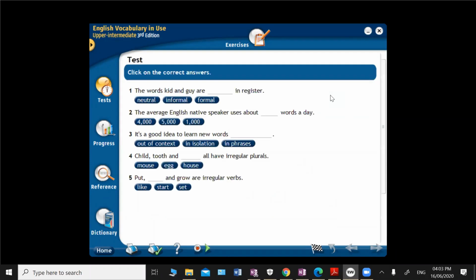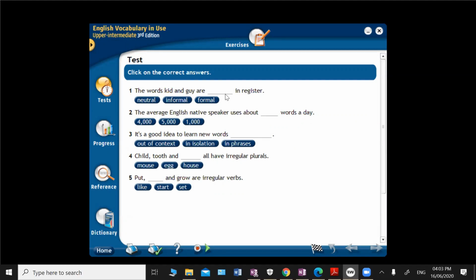I cannot show you a bigger screen. I tried to make it bigger, but I couldn't. So I hope it is clear and you can see. If you cannot, I can read it loudly. So you have 5 sentences here. I want you to write down the answer in your notebook and then share the answers with me.